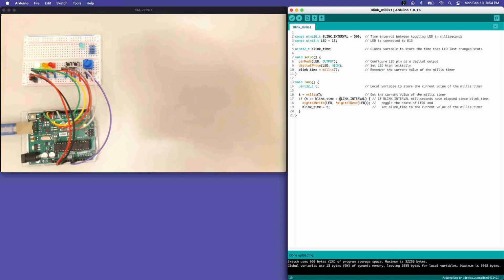And so we want to develop some way of addressing that so that we can blink our LED through that 49.71 day period and not miss a beat, so to speak, or not miss a blink. So it's easy enough to detect when the overflow happens. All we have to do is see if t is less than blink time. So if t is less than blink time, then we know that the overflow has occurred.